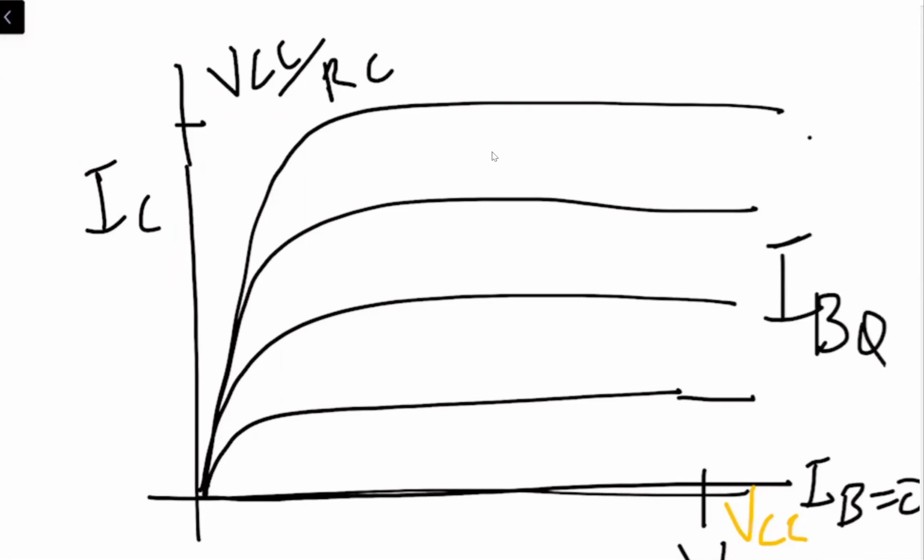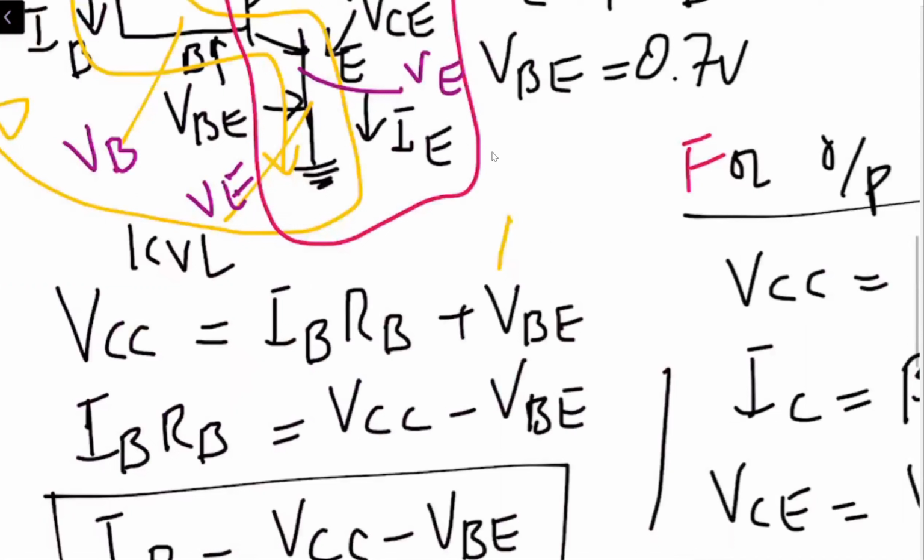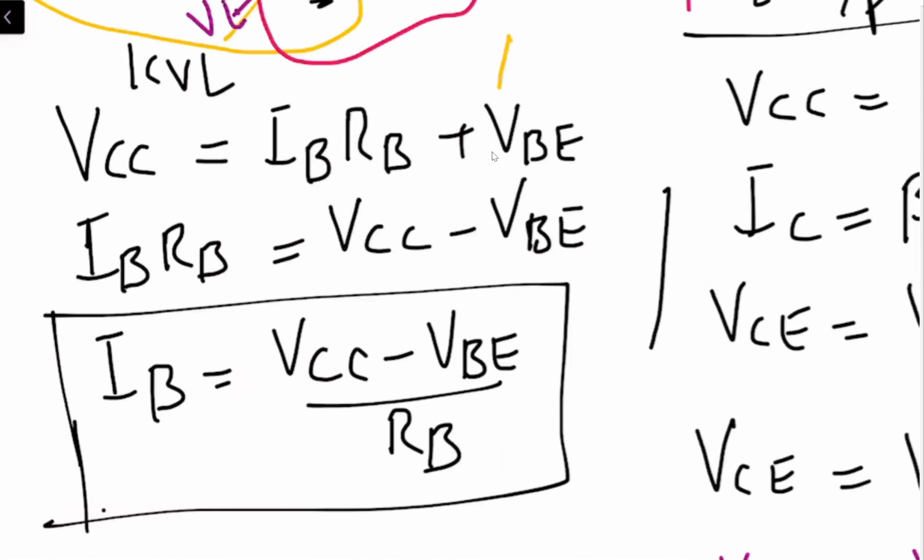I'm getting this value from the input side, where the equation we obtain is IB equal to VCC minus VBE divided by RB. So this is the value of IB, which I call IBQ over here.